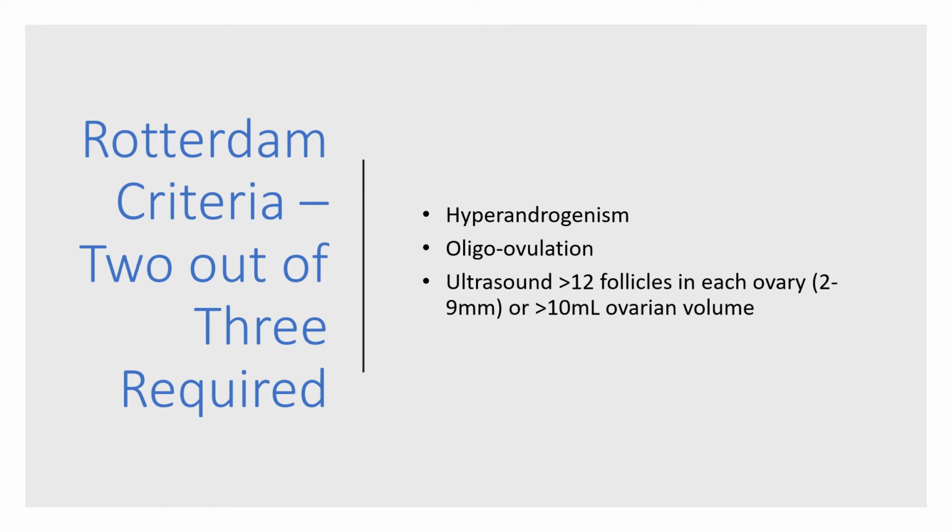For the Rotterdam criteria, you need 2 out of the 3. Hyperandrogenism, oligovulation, those 2 are per history and physical exam, and then an ultrasound with greater than or equal to 12 follicles in each ovary. Those follicles are between 2 and 9 millimeters, or a total ovarian volume of 10 mLs.